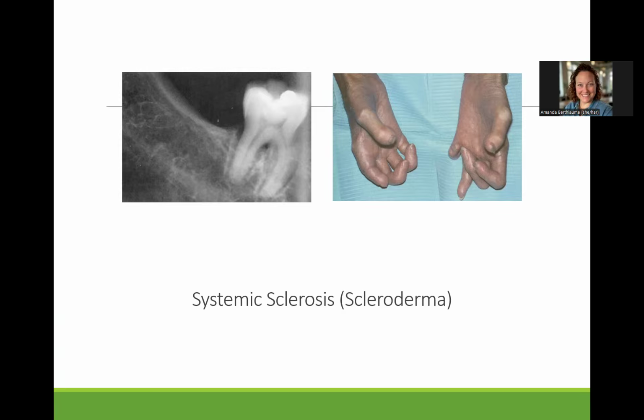What happens is the connective tissue starts hardening and they become inflexible. It happens when it happens. It can happen very quickly. You can see in the picture the connective tissue, right? The ligaments around the tooth start hardening, and it can have some oral complications.